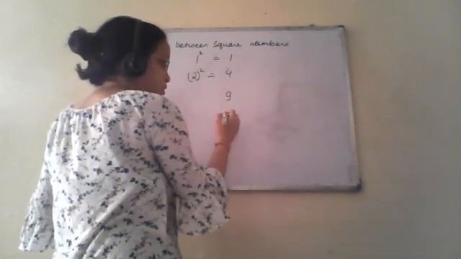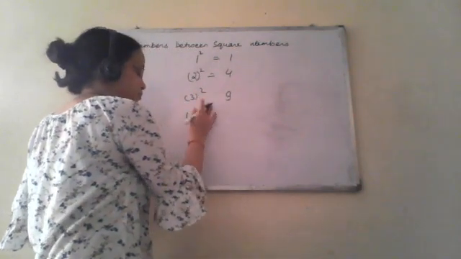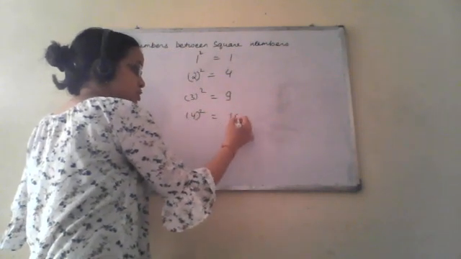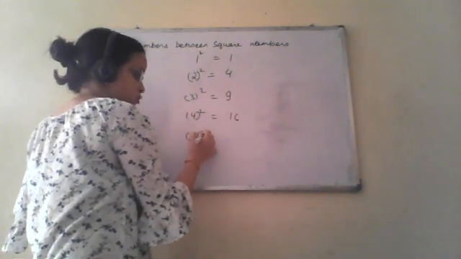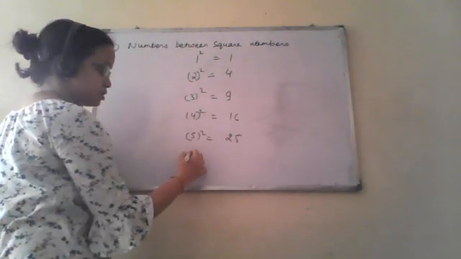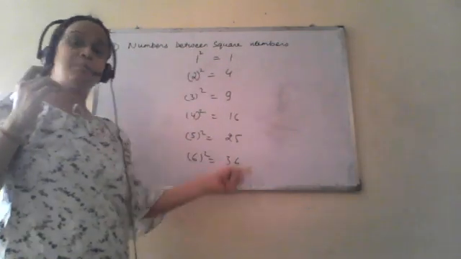Then we have 9, which is 3 squared. This is 4 squared, we have 16. This is 5 squared, we have 25. And this is 6 squared, we have 36. Now see, these are perfect square numbers.